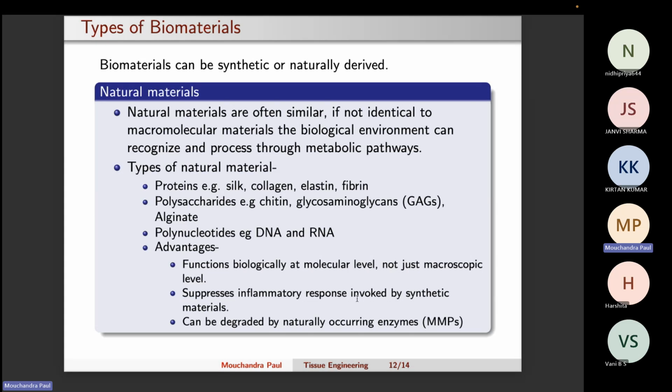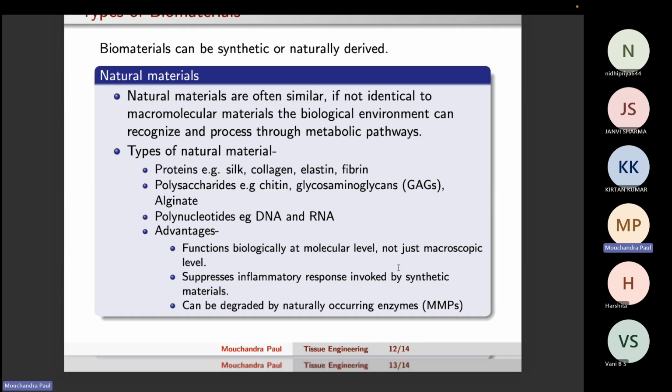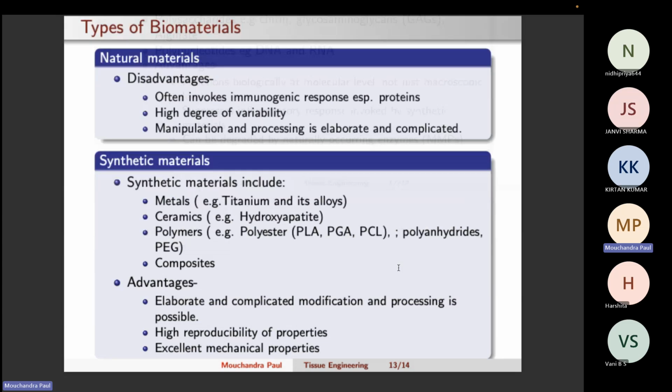So a very intense inflammatory response is not invoked by this kind of material. Also, they can be degraded by naturally occurring enzymes in our body into simpler, easily removable chemical compounds.